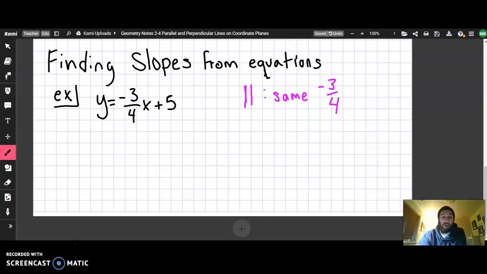Now, if we want it to be perpendicular, it's the opposite reciprocal. And so the opposite reciprocal then takes our slope and it flips it to be 4/3, and then it changes the sign, negative to positive.